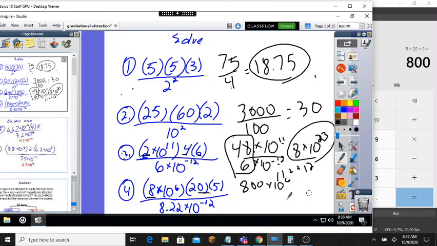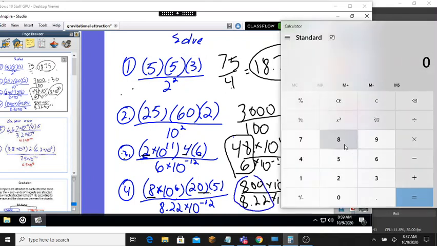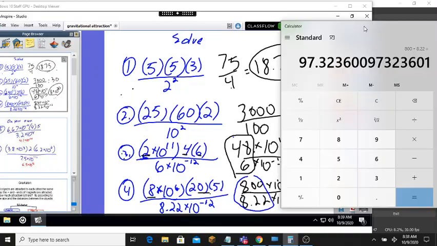The exponent, times 10 to the 6, over 8.22 times 10 to the negative 12. Let's erase this and make some space. Okay, so now I am going to divide this. 800 divided by 8.22 gets me 97.3.